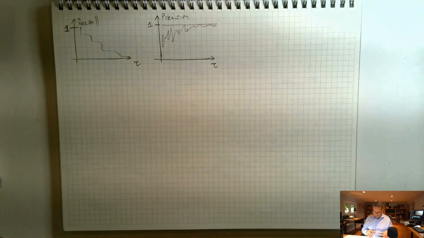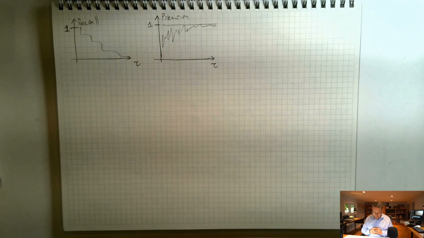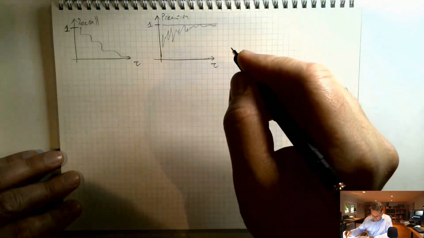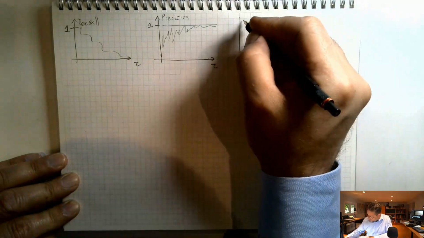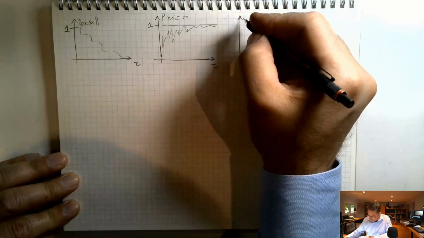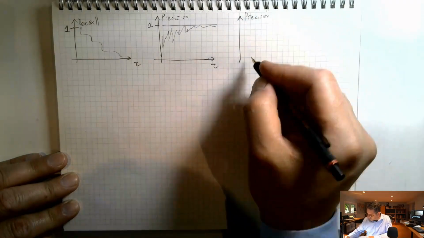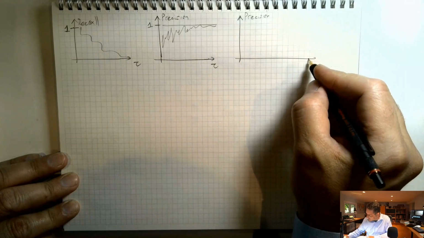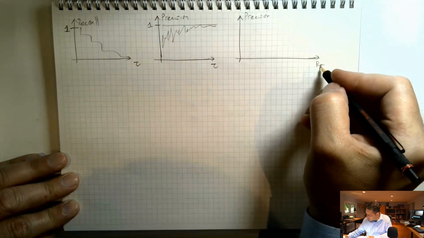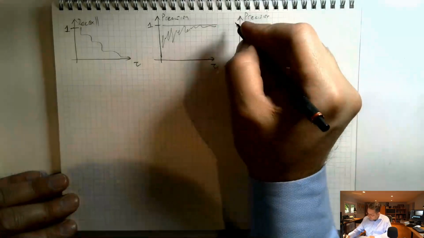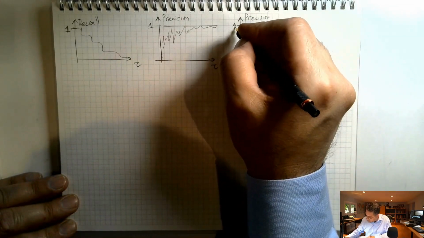And if we are to plot the precision versus recall as a curve, let me just plot it over here, which is precision on the y-axis and recall on the x-axis. Both of them are evidently going to have a maximum of 1.